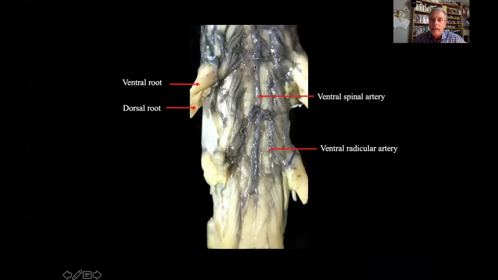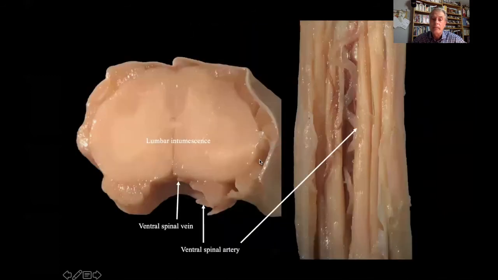This image has been obtained by injecting Indian ink into the vessels, right? So we have the ventral spinal artery here, okay, and radicular arteries. Here we are at the level of the lumbar intumescence.